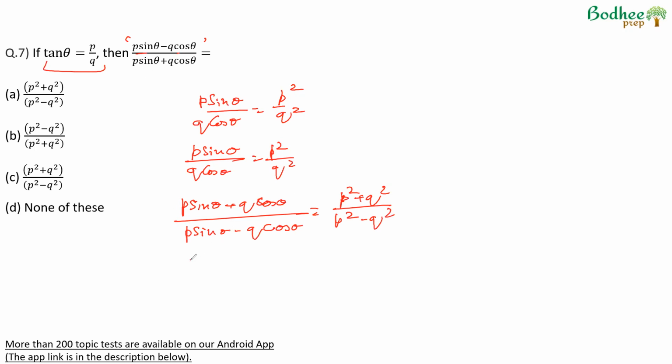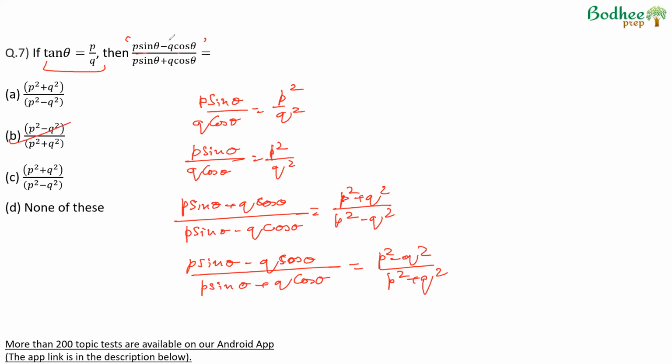We have to find the reverse of this, and therefore the required expression, P sin theta minus Q cos theta upon P sin theta plus Q cos theta, taking the inverse, will be the inverse of the right hand side as well, which will be P square minus Q square upon P square plus Q square. That becomes my answer. From the options, option B.